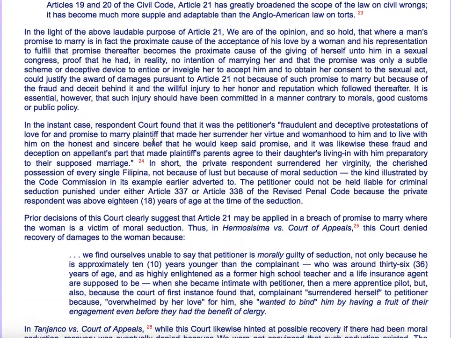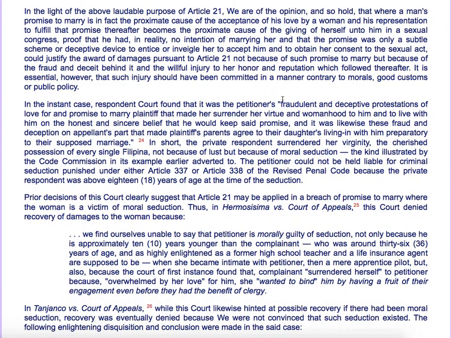Okay. Makikita nyo, class. These are good parts to put in your digest. Plaintiff made her surrender her virtue. Alright? And it was likewise these fraud and deception that plaintiff's parents, which is Gonzalez, agreed to their daughter living in with him in preparatory to the subsequent marriage.